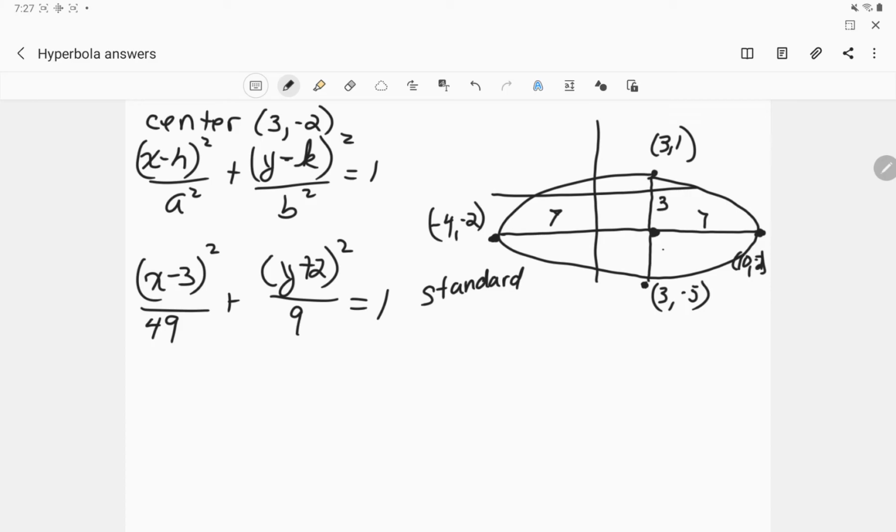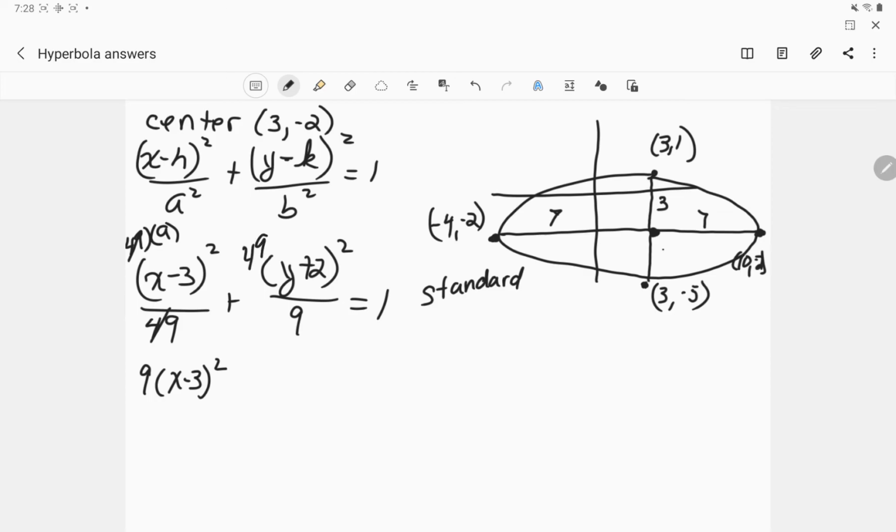To put it into general form, I'm going to need to multiply to get rid of the denominators. So I'm going to multiply by 49 and 9 so that the 49's cancel, and I have 9 times x minus 3 squared.